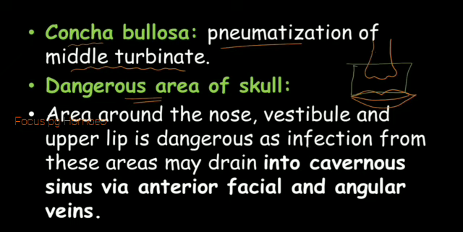Why is it called the dangerous area of the skull? Because here the veins are the anterior facial vein and angular vein. If there is any infection in this particular area, these veins drain directly into the cavernous sinus and this leads to a lot of danger. So this is all regarding the dangerous area of the skull.